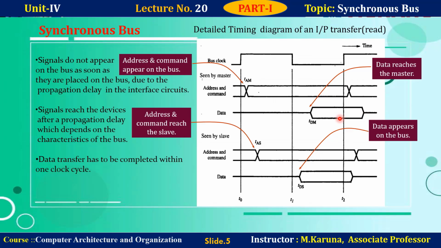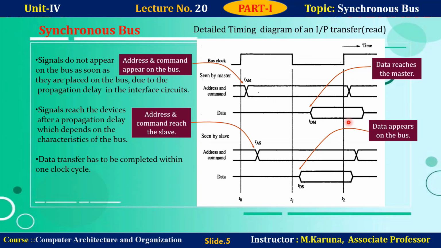Okay, so the limitation is one clock cycle, T2 to the longest delay. So here there is a delay, and that's why the speed of the operation is slow.